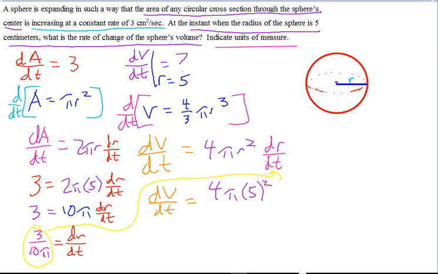Now that we know that is 3 over 10 pi, you can see right here the pi's reduce out. I'll simplify what we have left for dV/dt.